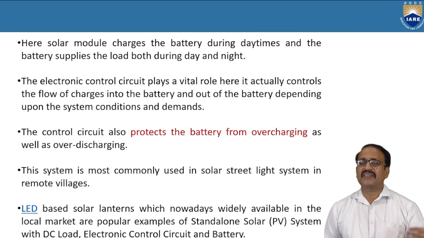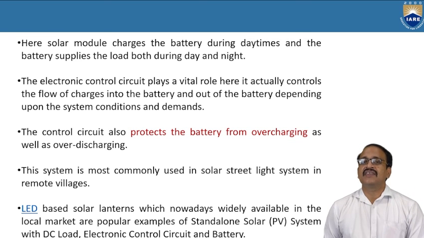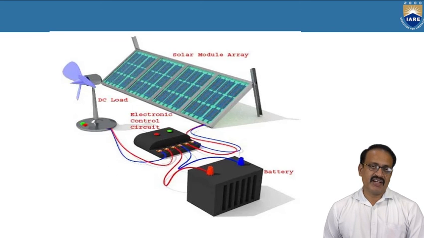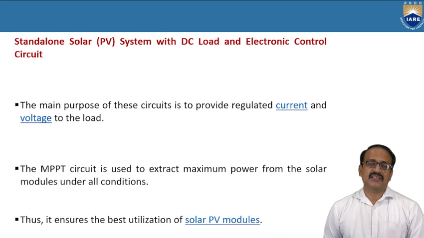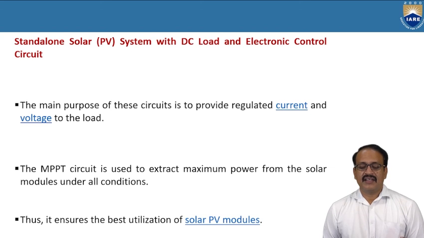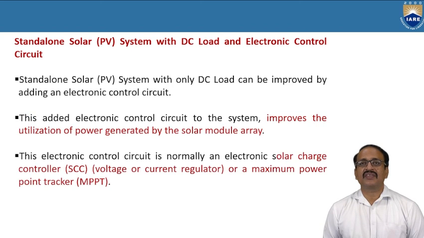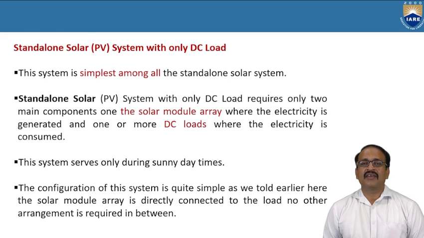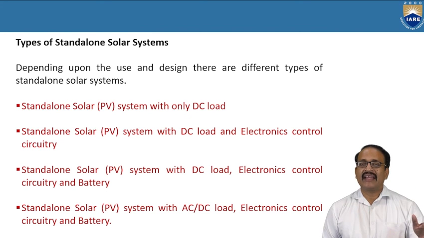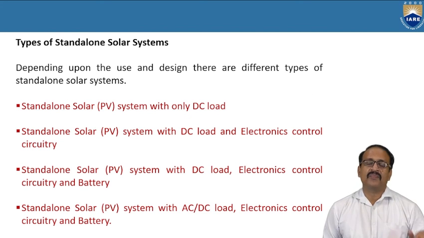Step by step we have increased the utilization and decreased the disadvantages. The solar standalone system is the best for utilization in rural areas compared to any other type of power generation.